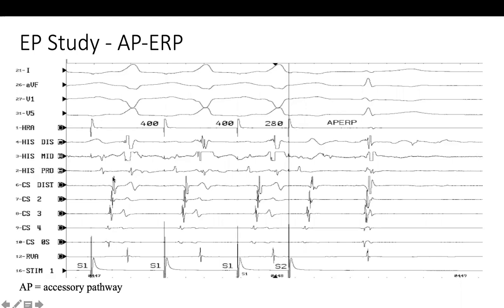If you have all the electrograms, this one will give you the answer, because the His is very close to the V. So this one gave you the answer clearly.